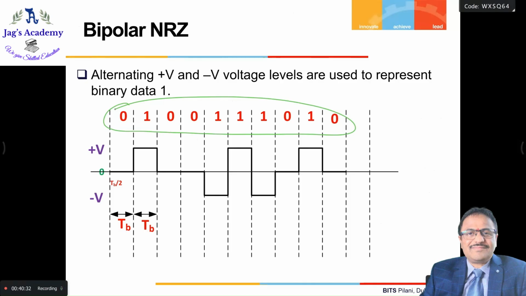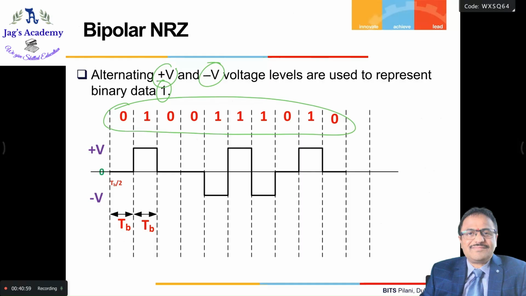Using this bipolar NRZ, bipolar non-return to zero. There will be alternating plus volt and minus volt used to represent 1. But 0 is always ground level. In this, 0 is always represented by ground level, but your 1 is represented by alternating plus volt and minus volt.